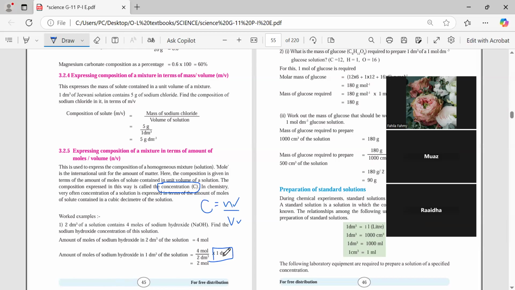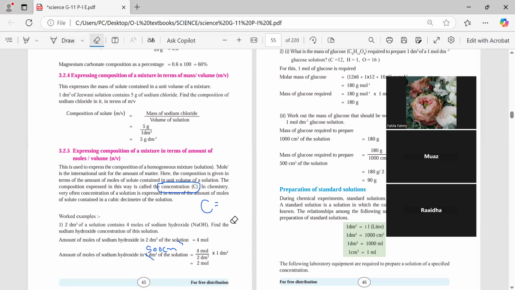If I want how many are in 1000 cubic decimeter, then I have to multiply it by 1000, right? And if they ask you how much is there in 500 cubic centimeter, then I have to multiply this value by 500. Does that make sense? Once you find the concentration, most of the things in chemistry are going to get cleared, right?